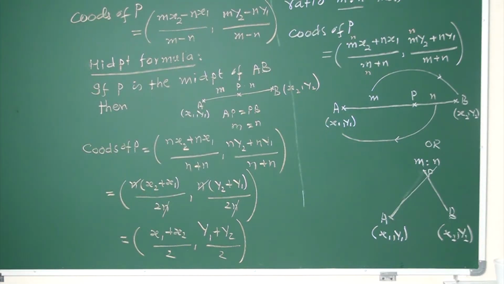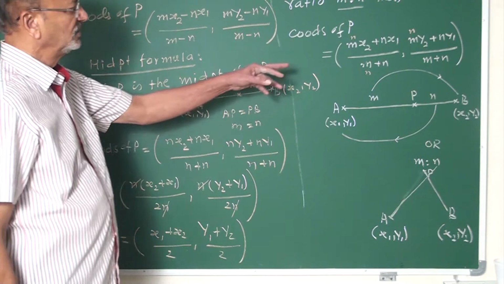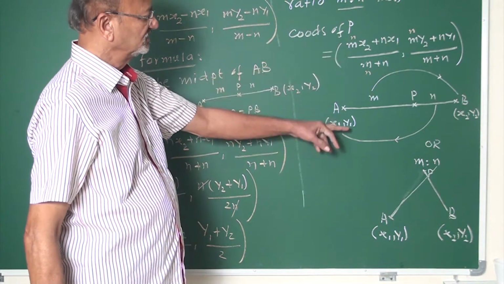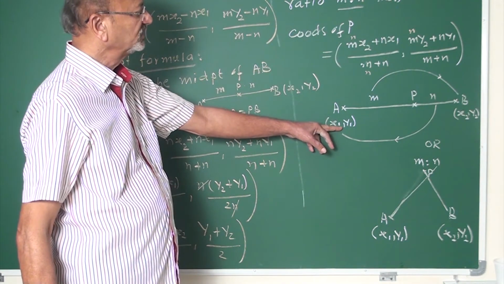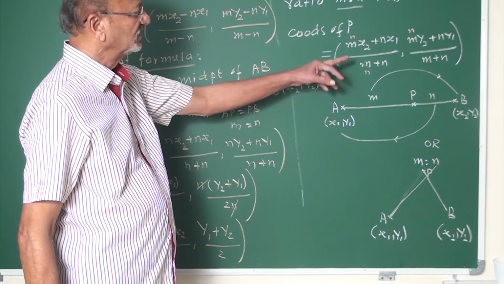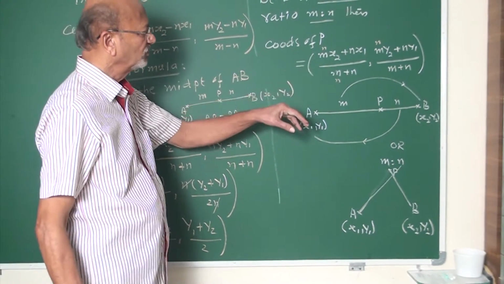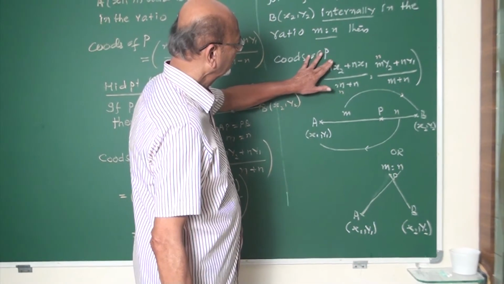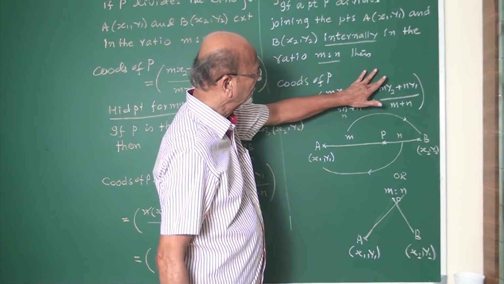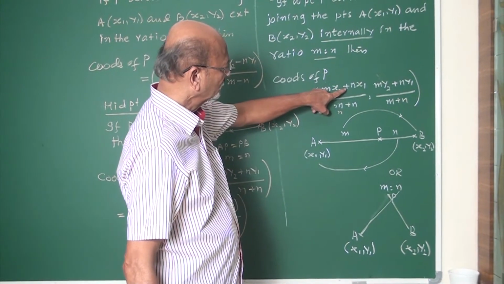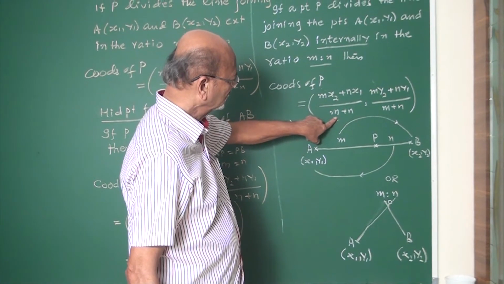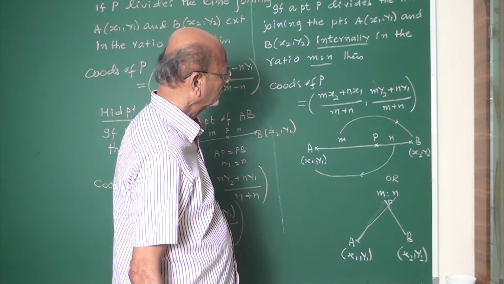Yes, my friends, these are 3 formulae. One is internal, same figure: mx2 plus nx1 upon m plus n, my2 plus ny1 upon m plus n. If it is external division, instead of plus you have to take minus, down also instead of plus you take minus.